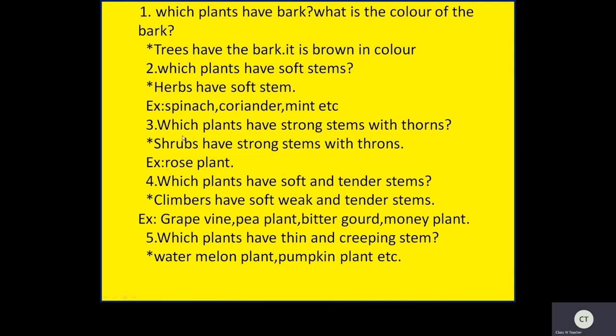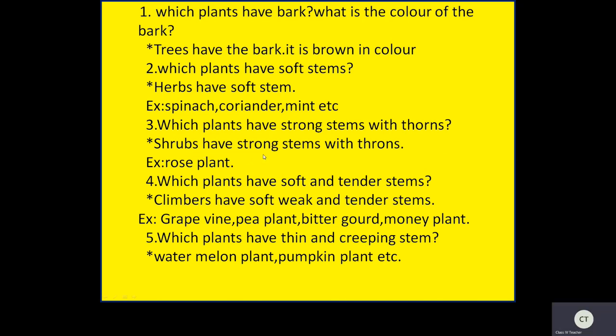Now, you have to think about this question, children. Which plants have strong stems with thorns? Once again, let us see. Which plants have strong stems with thorns? Generally, strong stems we will see in the shrubs, right?